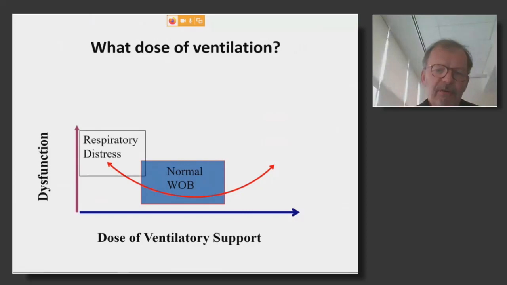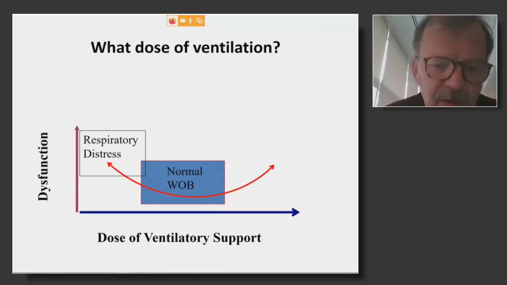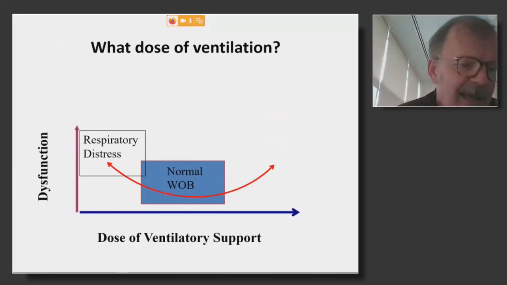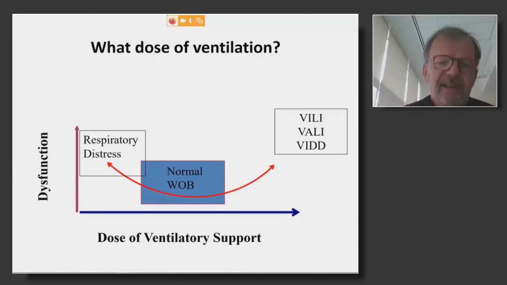If the patient has not enough ventilatory support, he will be in respiratory distress, he will have increased oxygen consumption, he will have extra load on the respiratory muscle, very, very bad. But if the patient has too much ventilatory support, he will also do badly with ventilator-induced lung injury or associated lung injury and diaphragm dysfunction.